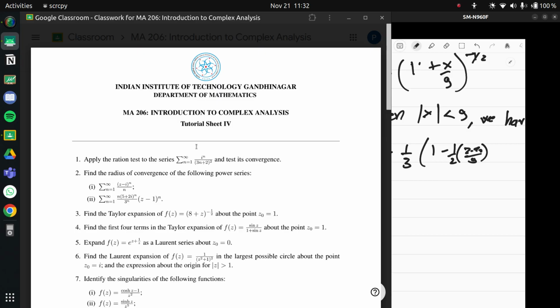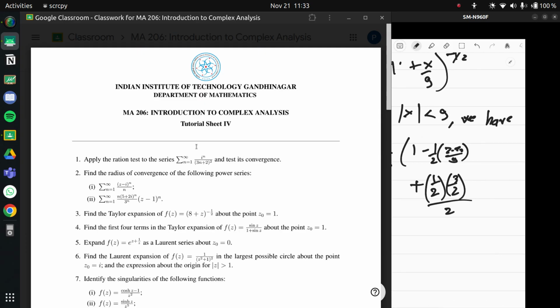Then you got z minus 1 by 2, right? Yeah, that's just the way to do it. So it's plus, you got 1 by 2, and then you actually subtract 1, so it's negative 1 by 2 minus 1, which is like 3 by 2. So you do n minus 1 and then upon 2.